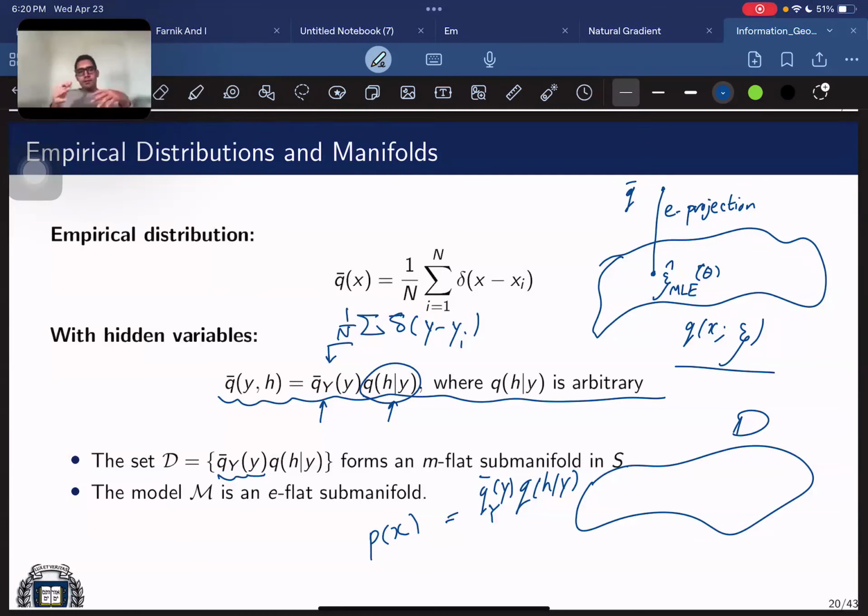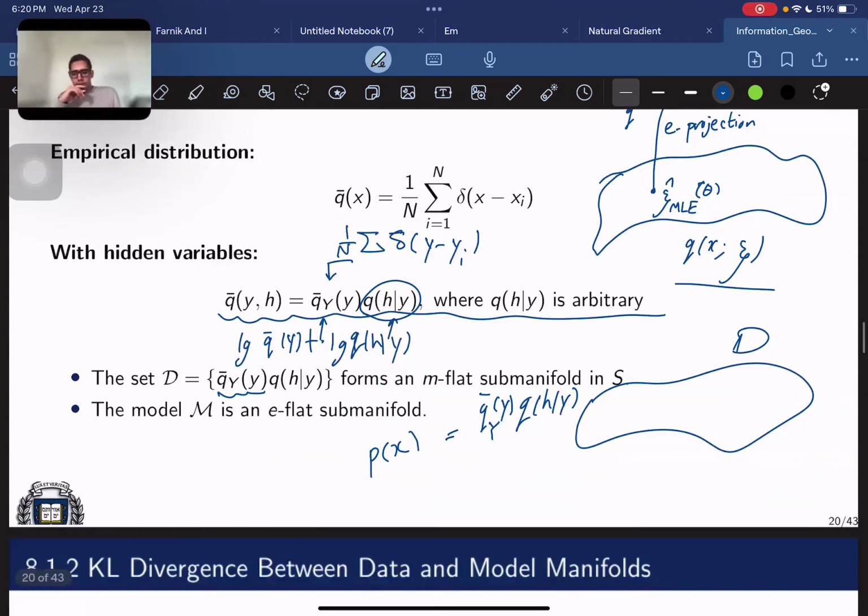And it's very easy to see that this is an M-flat submanifold of the space of all distributions over X. Why? If you take the log likelihood of this, it would be the logarithm of Q bar Y plus the logarithm of Q of H given Y. And if you parameterize it because of this structure, it would give you an M-flat submanifold.